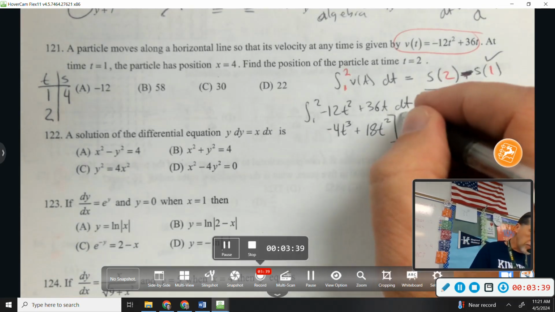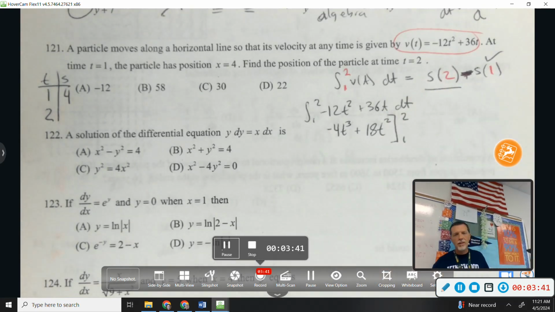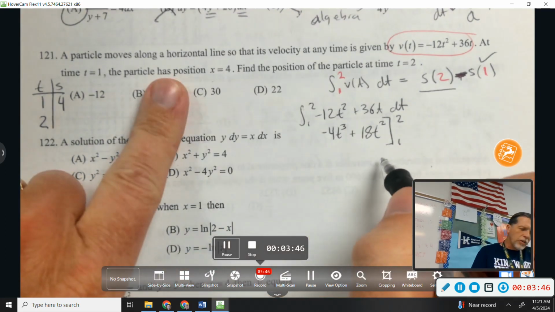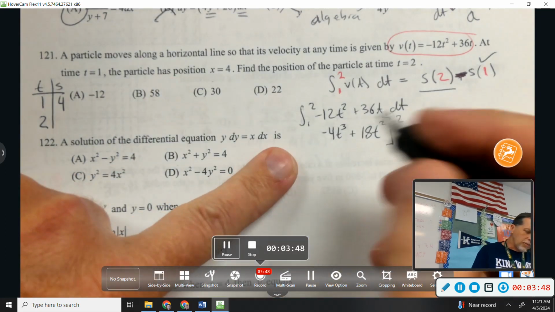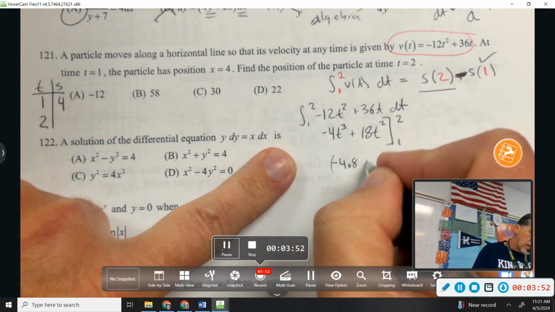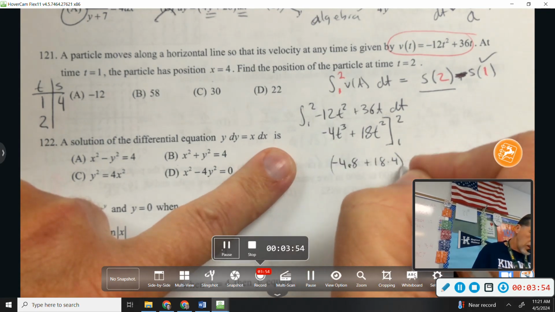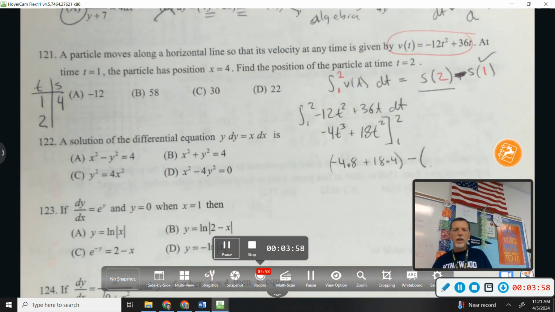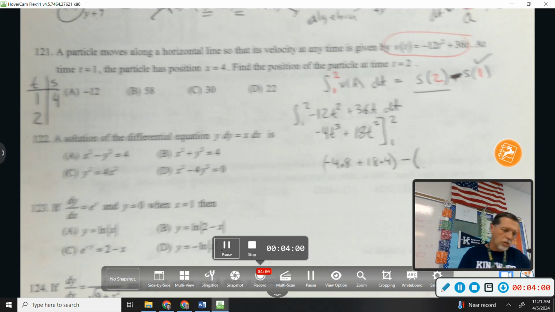And then we want to plug in 2 minus plug in 1. I'm guessing this is a no calculator question because those are relatively simple things to plug in. So plug in the 2. Negative 4 times 8 plus 18 times 4.